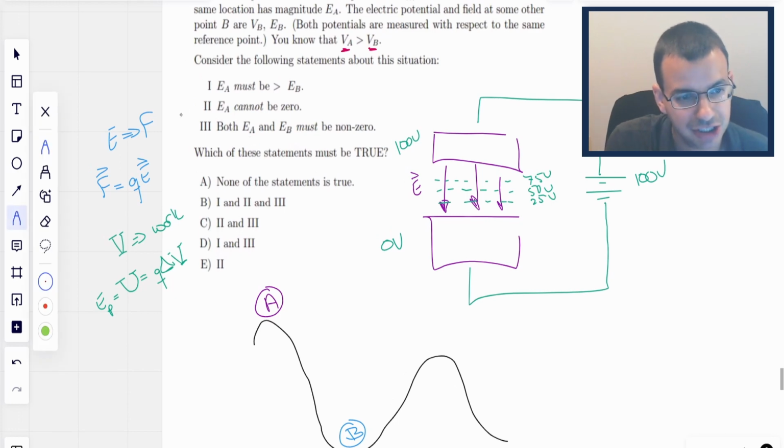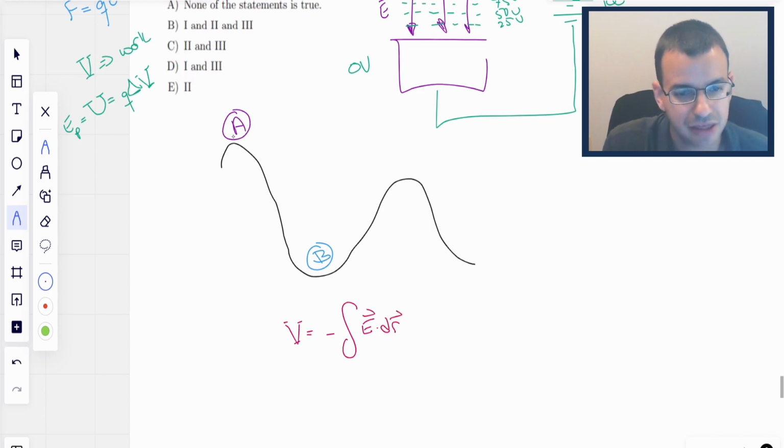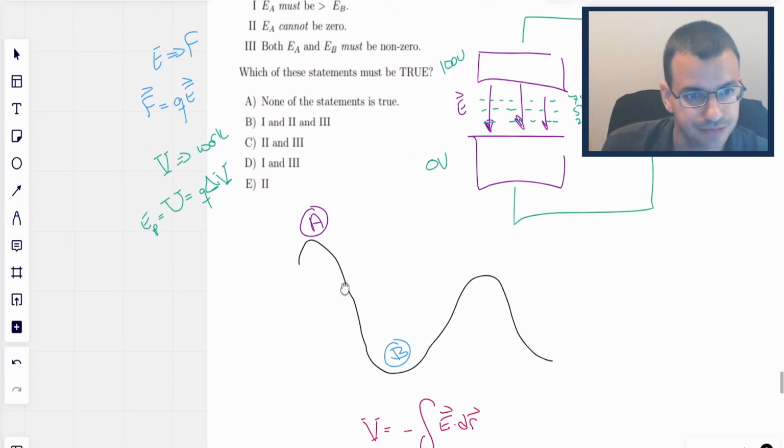So that would be the slope of the hill. A more formal definition of voltage is negative integral of E dot dr, where dr is the path, and the dot product of two vectors gives you a scalar. So electric field is a vector and voltage is a scalar.